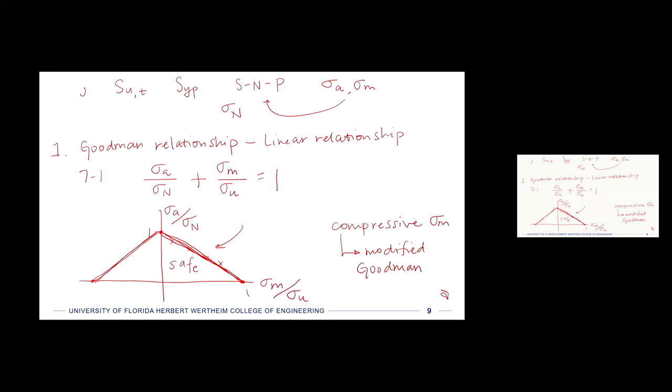And so we're going to draw an envelope, similar as we did for failure envelopes. And then if we are inside of that envelope, then we'll last at least the number of cycles. If we're on the edges of the envelope, we're predicted to last exactly some number of cycles. And if we're outside of it, it won't last as long.